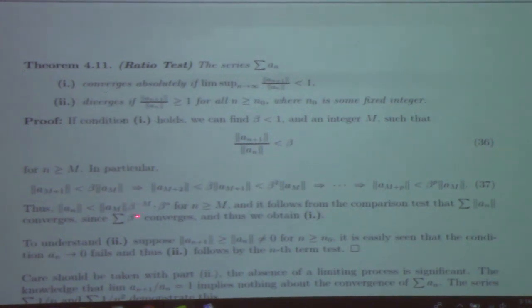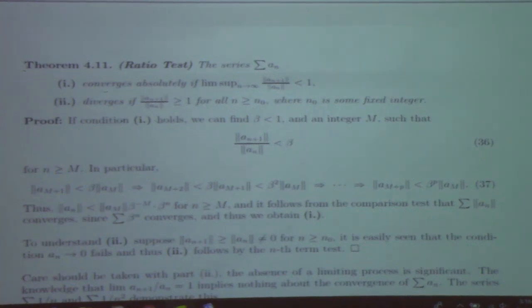We're looking at a fixed number, beta to the minus m, times beta to the n, right? But beta is a real number less than 1. So this is just a real number times a real number less than 1 raised to the n power. That converges because it's a geometric series with a equal to this stuff, and the ratio is beta, which is less than 1, so it converges. So then by comparison, the thing smaller than it must also converge, the series.